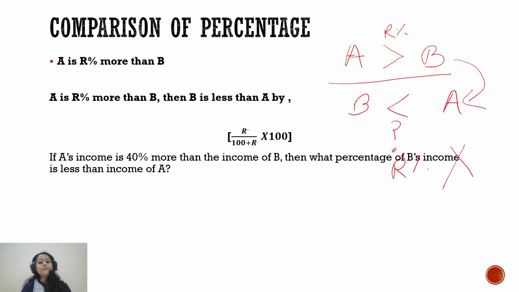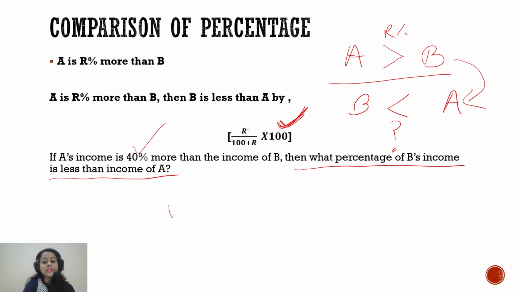If A's income is 40% more than the income of B, then what percentage of B's income is less than A's? Often we make a mistake that since A's income is 40% more, B's income will be 40% less. It's not that simple. Since we are taking a reverse percentage, it will follow this particular formula. So here R is equal to 40, right?